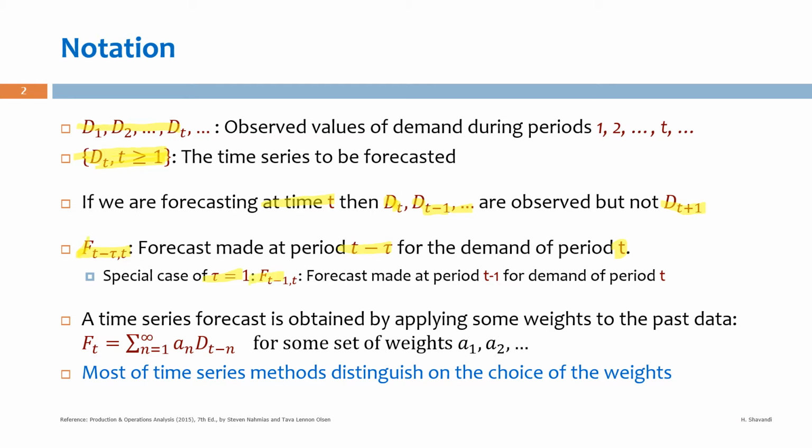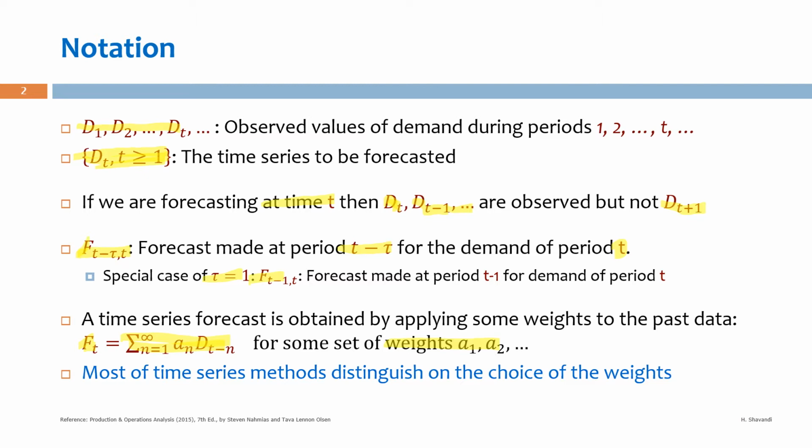Okay, so usually we show the forecast value as a function of the past observations, the past values of that variable. So for example, like this. And so it's a linear function of the past values, and we are going to consider a weight for the value of each past period.